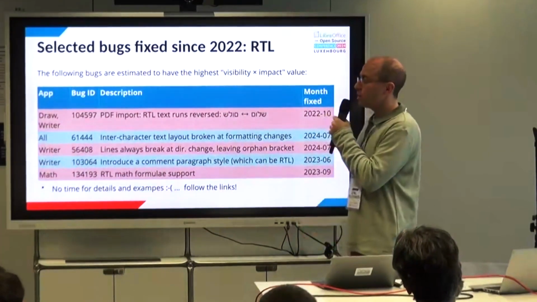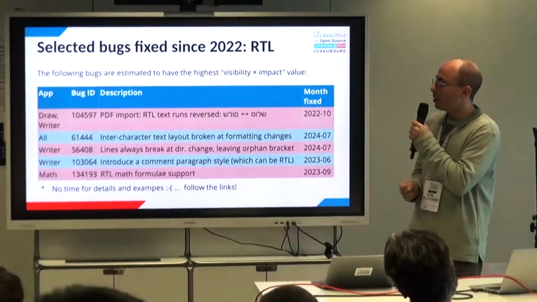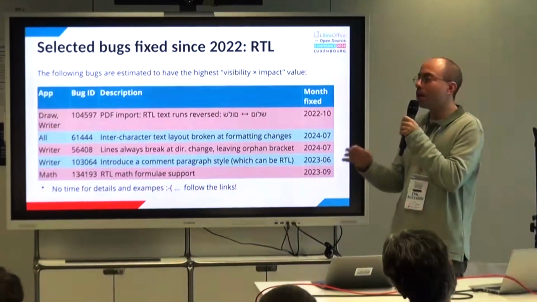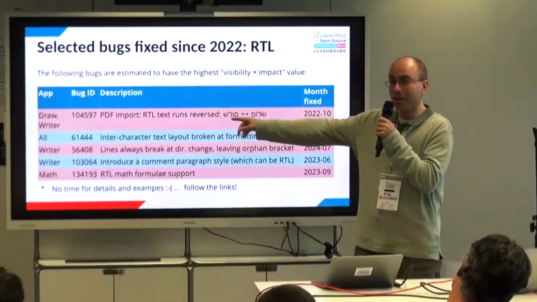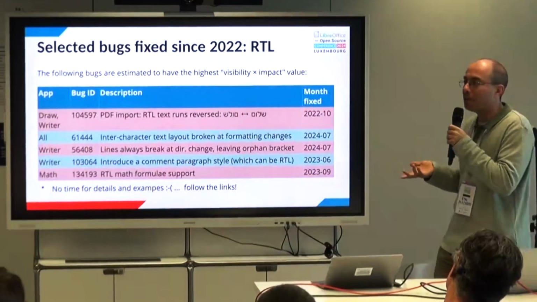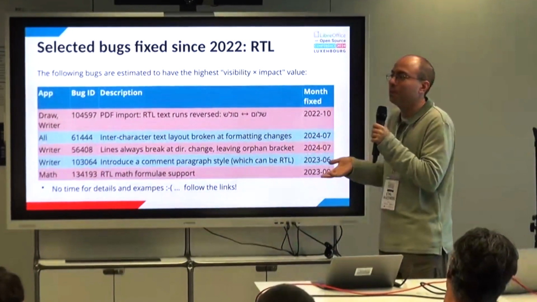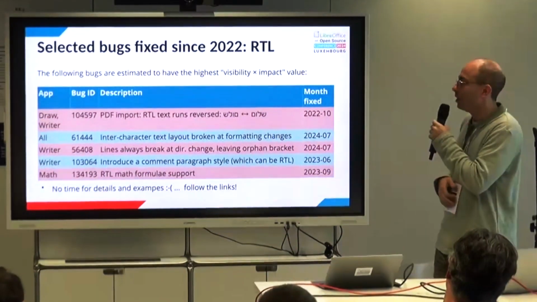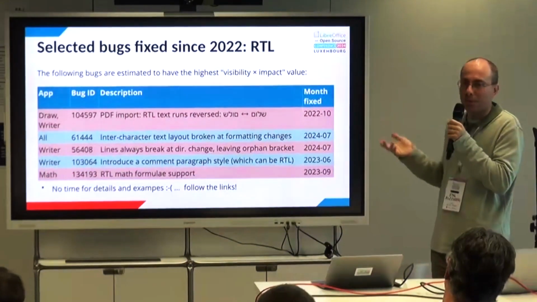Whoever was here, well, in Milan rather, in 2022, remembers I complained terribly about this thing when you open PDF files in LibreOffice, and if they had Hebrew, the text gets reversed. Terrible, terrible, terrible. Everybody who's tried to open a PDF in Hebrew or Arabic or whatever was just stuck with that, and there's nothing they can do other than manually reverse the text.